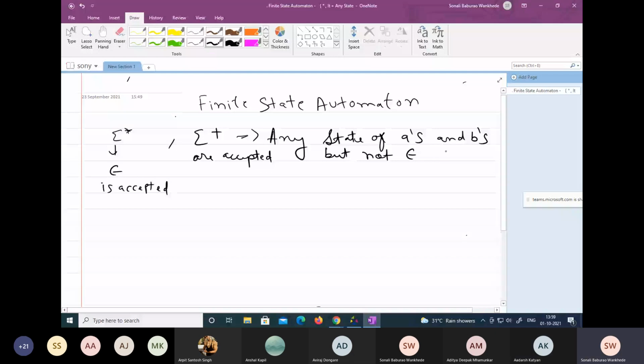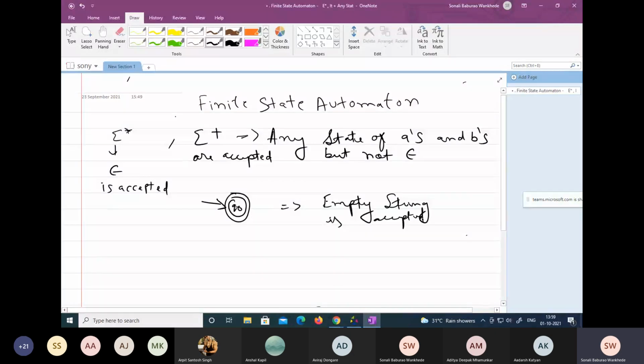One more point to remember is that if your initial state is the final state, then the empty string will be accepted. These are the few points which you have to remember. So sigma plus is the opposite of that. Here the empty string is not accepted. Very good. Now after that, there is a concept which is called DFA.